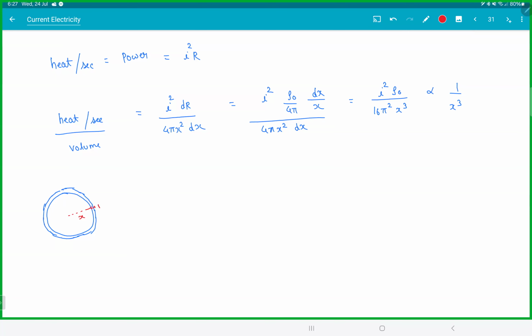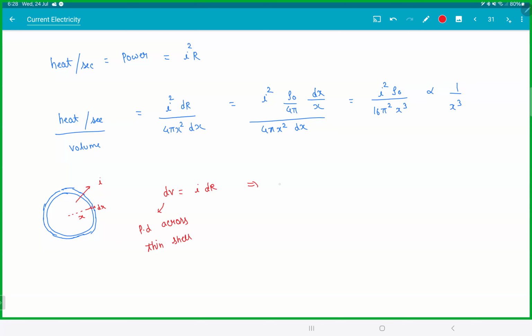I'm not so good at maths. So across this small thickness, what is the potential difference? So dV is I into dr. This is the potential difference across the thin shell.